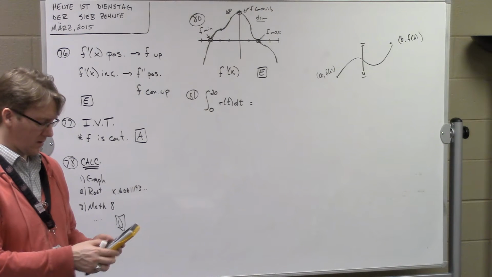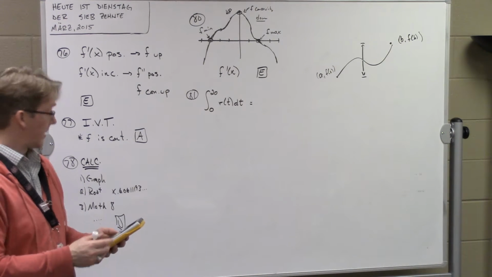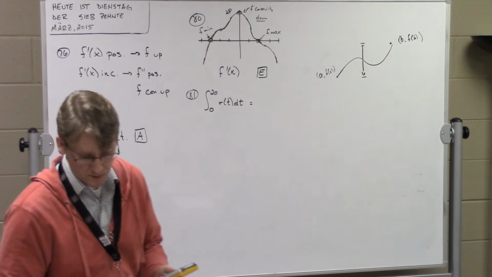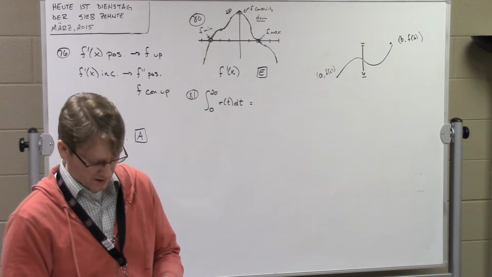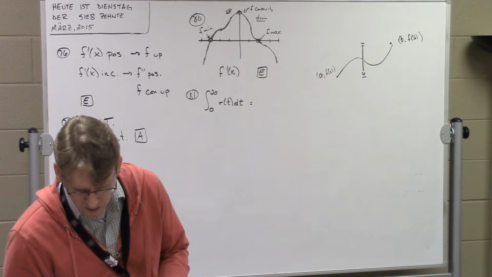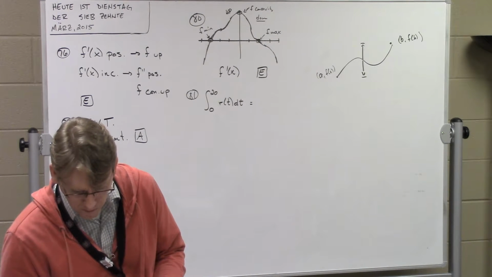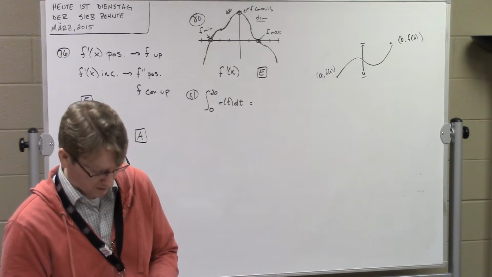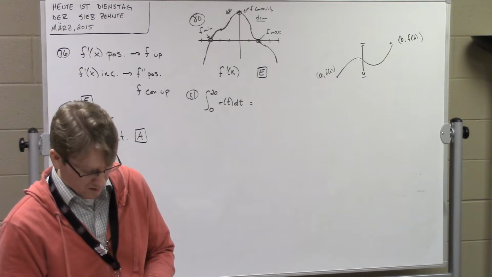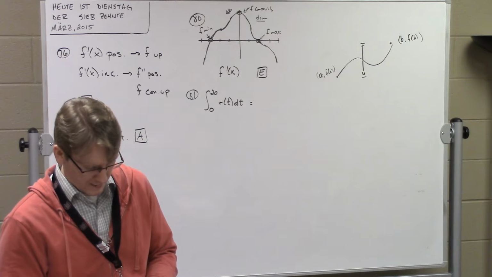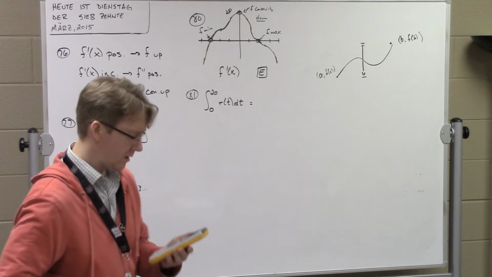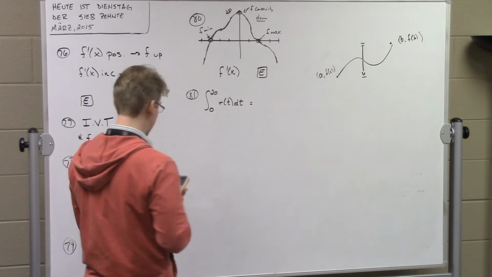Going from 0 to 20 of R of T, which was given to me as 30 times 1 minus e to the negative 0.16 x, close that parentheses off, dx. And my answer is 250.597.